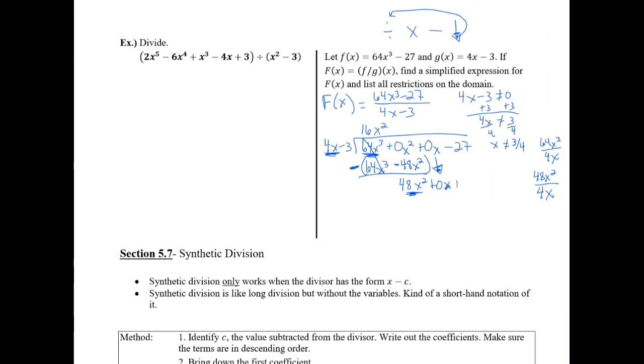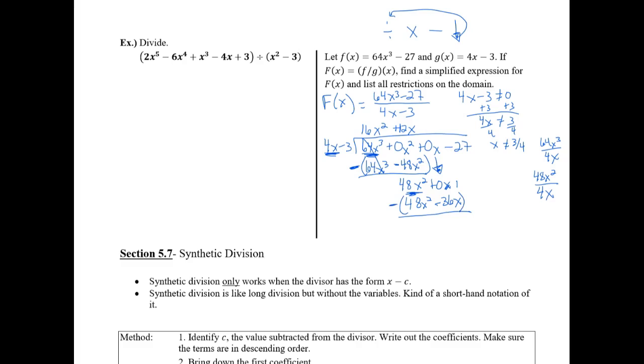It's positive 12, up here. And x squared divided by x is x. Now I multiply. 12x times 4x is 48x squared. 12x times a negative 3 is negative 36x. Now we subtract.